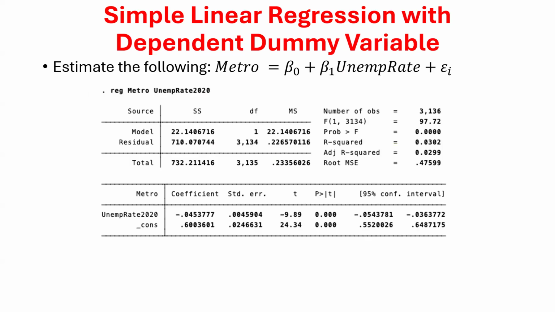We said when my Y variable is a dummy variable, moving between 0 and 1 would be changes in the probability I belong to the 1 group. When I say the 1 group, I mean the group that is identified using a 1, right? So here, if the unemployment rate goes up by 1%, it still is in units, right? It is not a dummy variable. The predicted probability of the Y variable being a metro county would go down by 0.045.